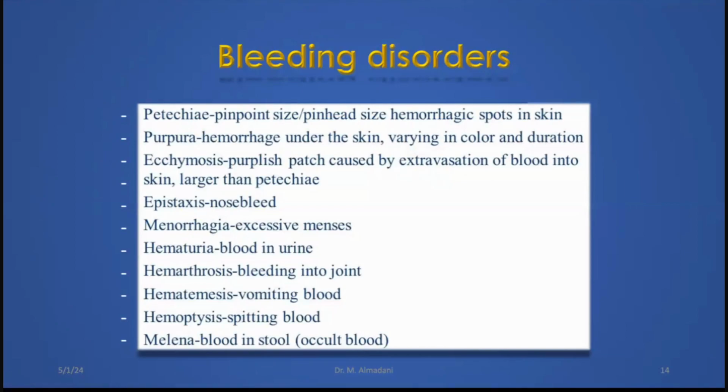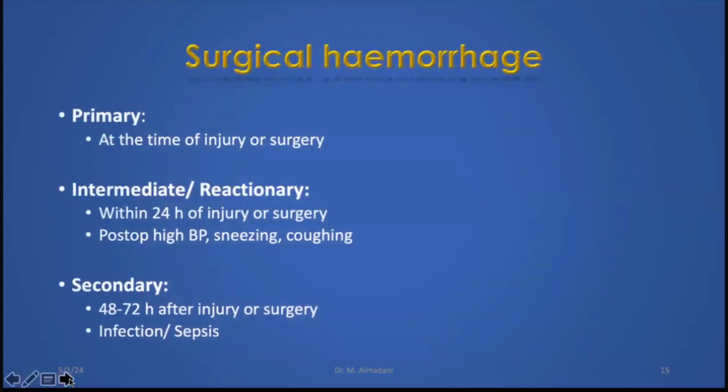It is detected by a special method, basically stool analysis for occult blood, looking at the stool under the microscope to check for the RBCs. But melena is black tarry stool, which indicates upper GI bleeding.